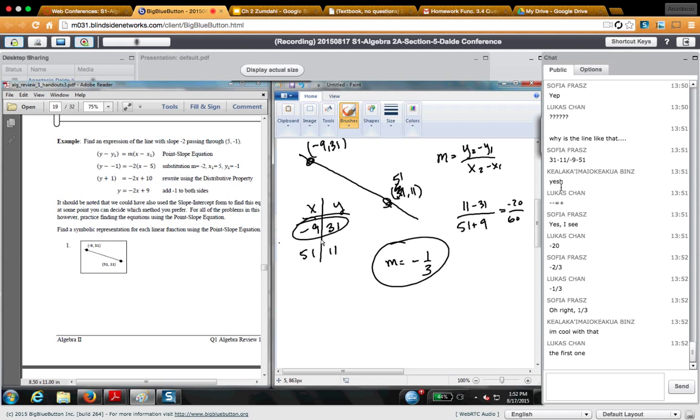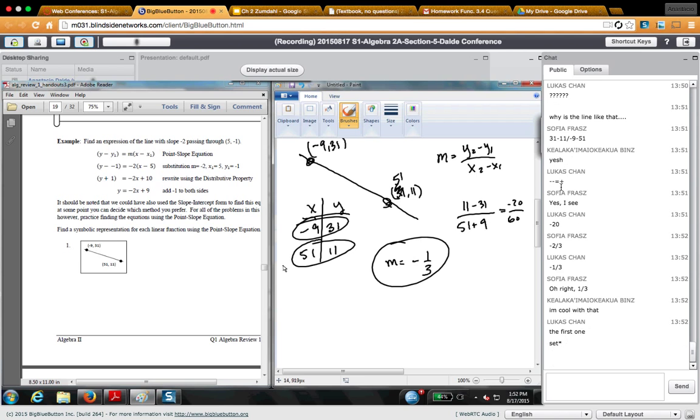The first or the second? I don't know. Doesn't matter, right? Lucas says first. Emily was absolutely correct. What did she say? Doesn't matter. You could choose the first one, you could choose the second one. Either one should give you the exact same answer, because both of those points exist on that line.